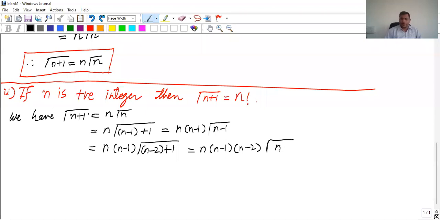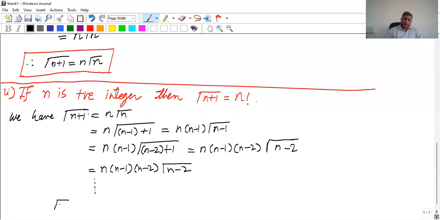So we got n into n minus 1 into n minus 2 into gamma of n minus 2.